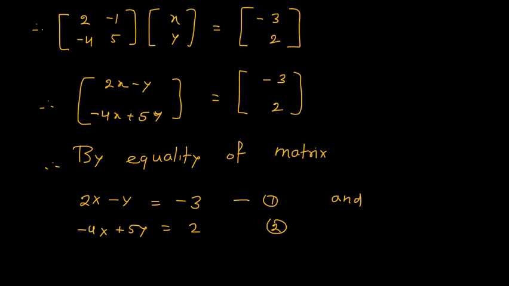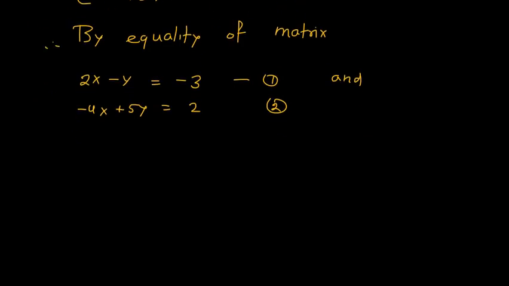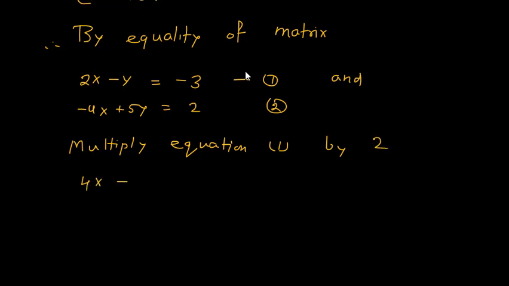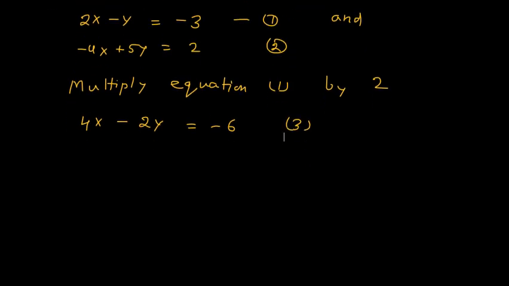This is second equation. So let us multiply equation 1 by 2 and then add. So multiply equation 1 by 2. So what we get? We get 4x minus 2y is equals to minus 6. This is third equation.